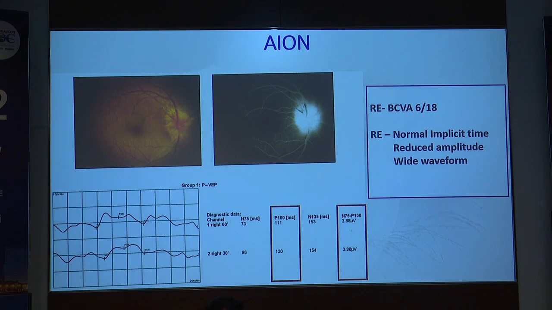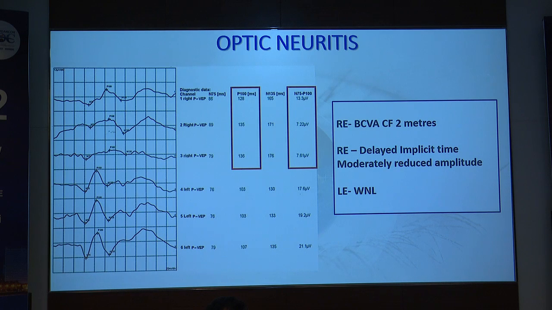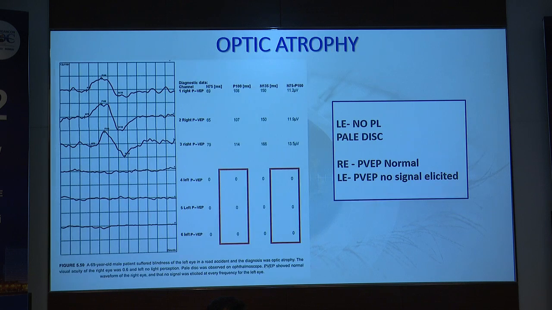In cases of AION, the implicit time here is normal, amplitude is reduced, and the waveform has become wider. Optic neuritis in the right eye: there is a delayed implicit time versus the left eye and moderately reduced amplitudes. This is a case of optic atrophy with no PL, and no signal in the left eye could be elicited.